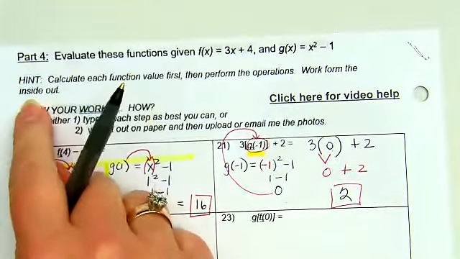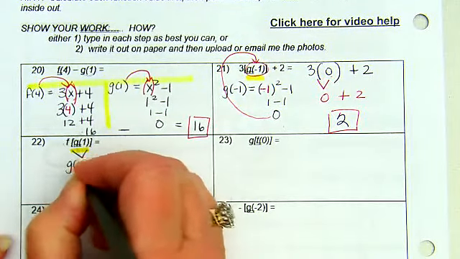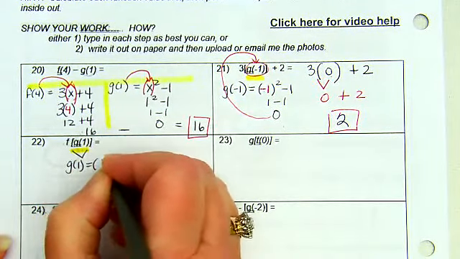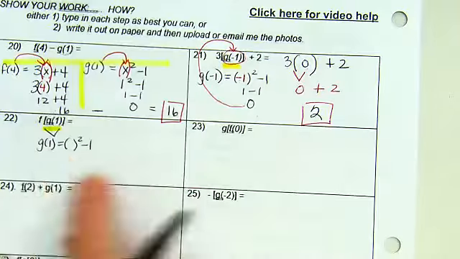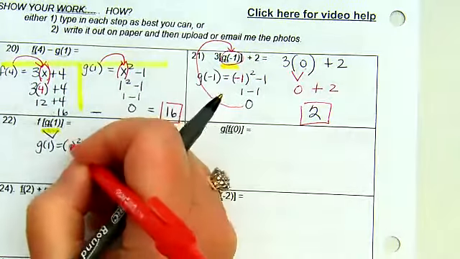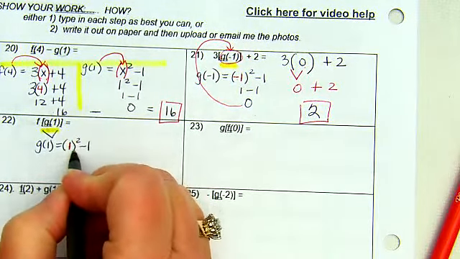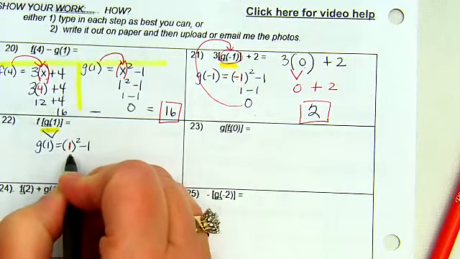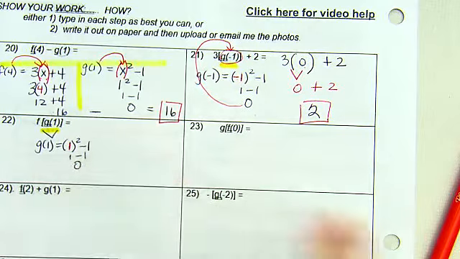Again, work from the inside out. g of 1: x squared minus 1. 1 times 1, which is 1 squared, 1 times 1 is 1, minus 1 is 0.